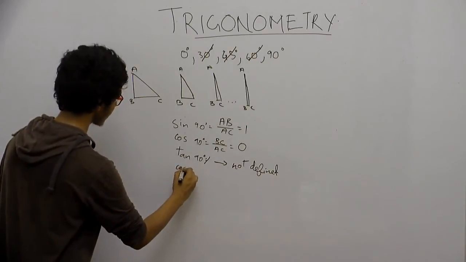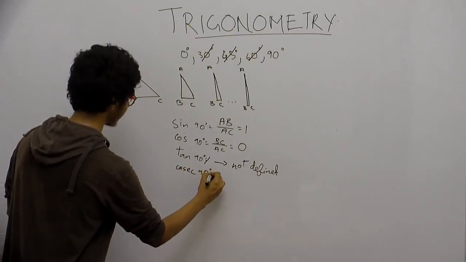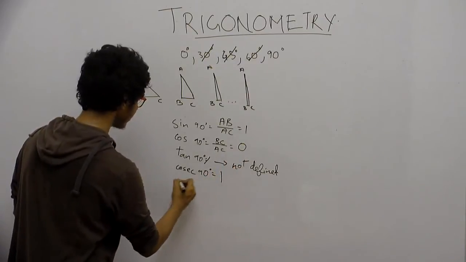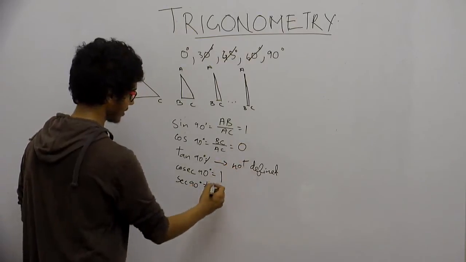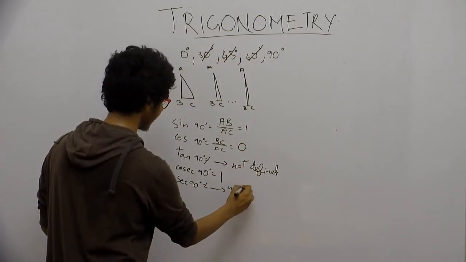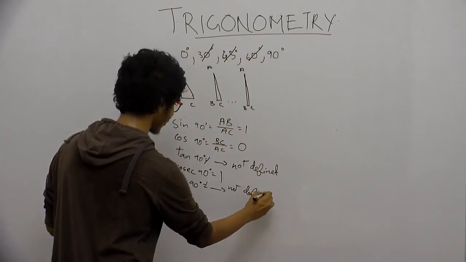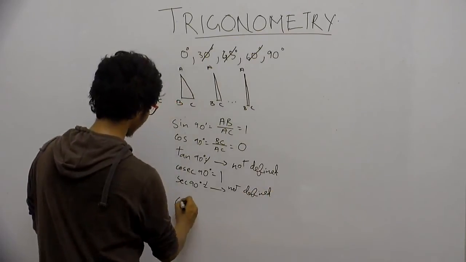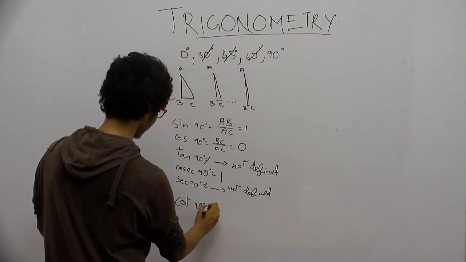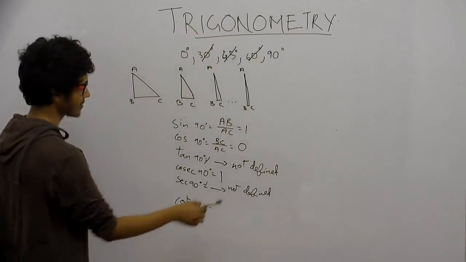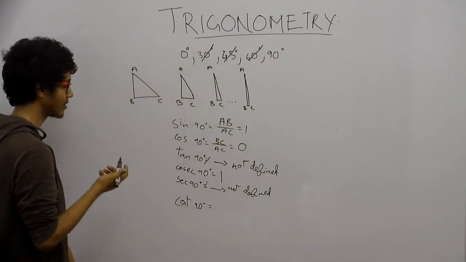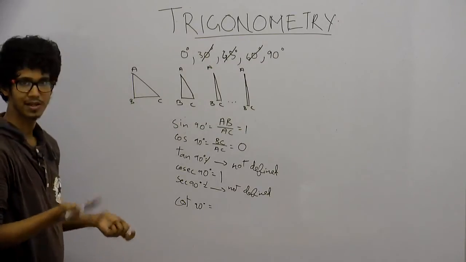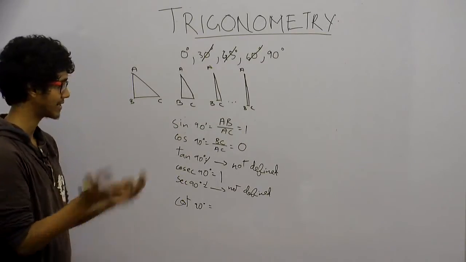For cosec, we see that it is the inverse of sine, so it is 1. For sec, again it would be 1 by 0, so it is not defined. But cot in this case, there is nothing like the inverse of not defined. Even though it is 1 by 0, since 1 by 0 is not a numerical representation of anything, we can't write it as 0 by 1.